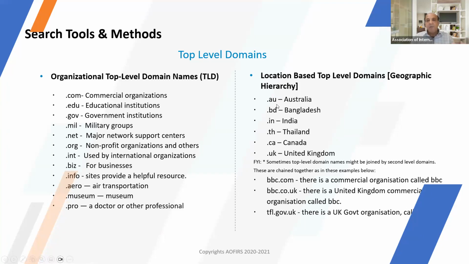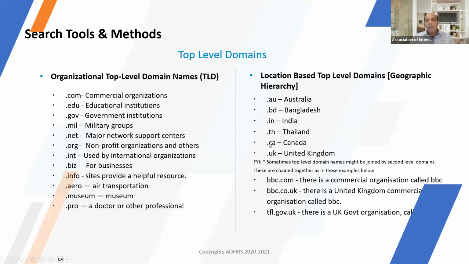Second advantage is that if you want to, let's say, get to a website that is in Australia, you can use .au. I say dot because you can actually use the dot along with the words to direct the inURL query to these sources or to these countries. Bangladesh, India, Thailand.